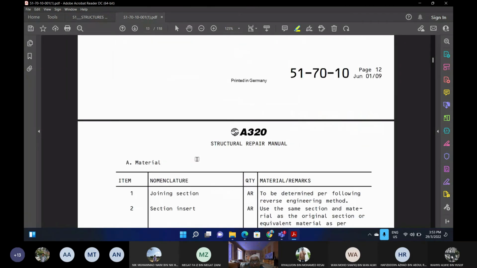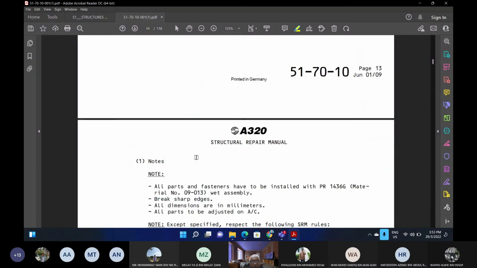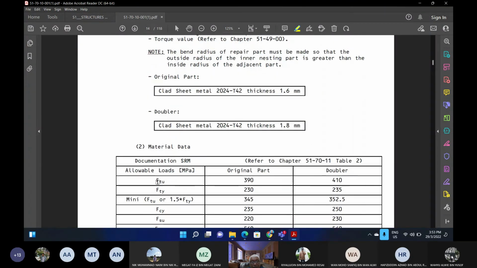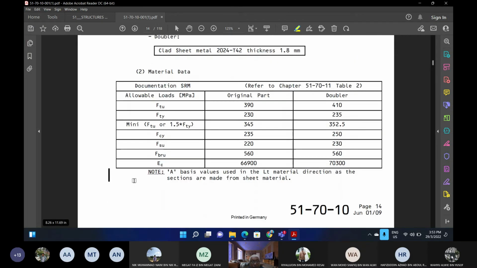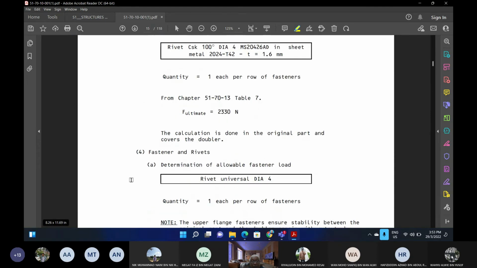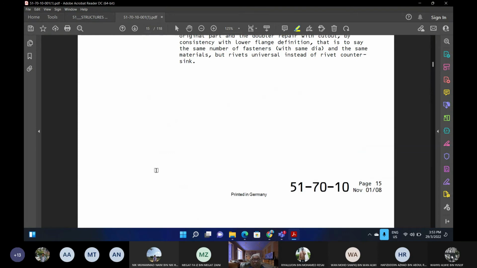You need to calculate the load on the original, the load on the doubler, and then you calculate the reserve factor, and then you calculate the number of fasteners, and you calculate the bearing. So you have to do the shear out and net tension failure. So those are standard checks.